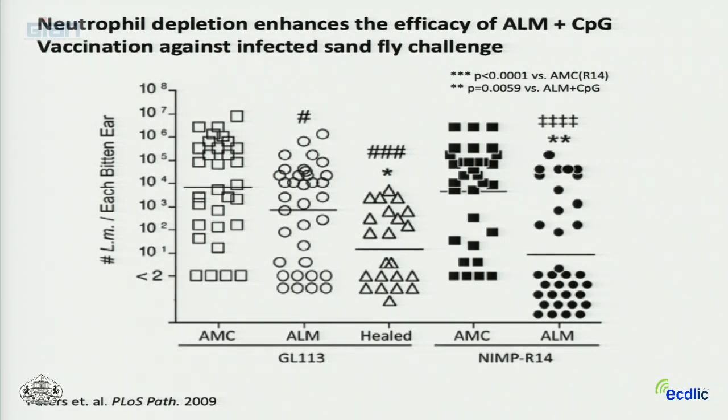The neutrophil depletion lasts only a few days, so you would have no idea when individuals were going to actually be bitten by an infected fly. So this was just a proof of principle that infected fly bites do provoke the kinds of reactions that make immunity difficult to be expressed.